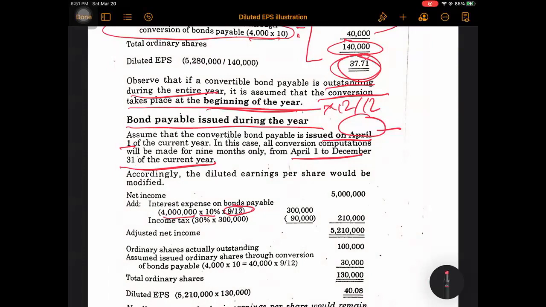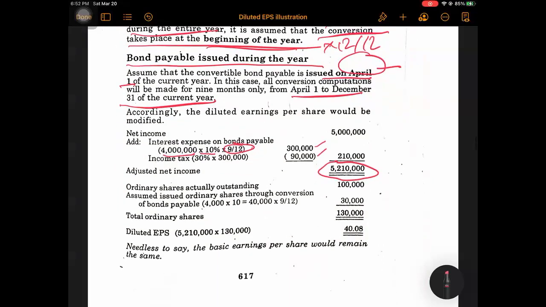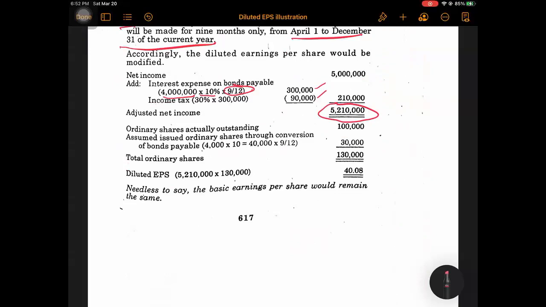So that's 300,000 interest expense, then net of tax of 30%, that is 90,000. Therefore, your interest expense net of tax is 210,000. Therefore, the adjusted net income is 5,210,000.